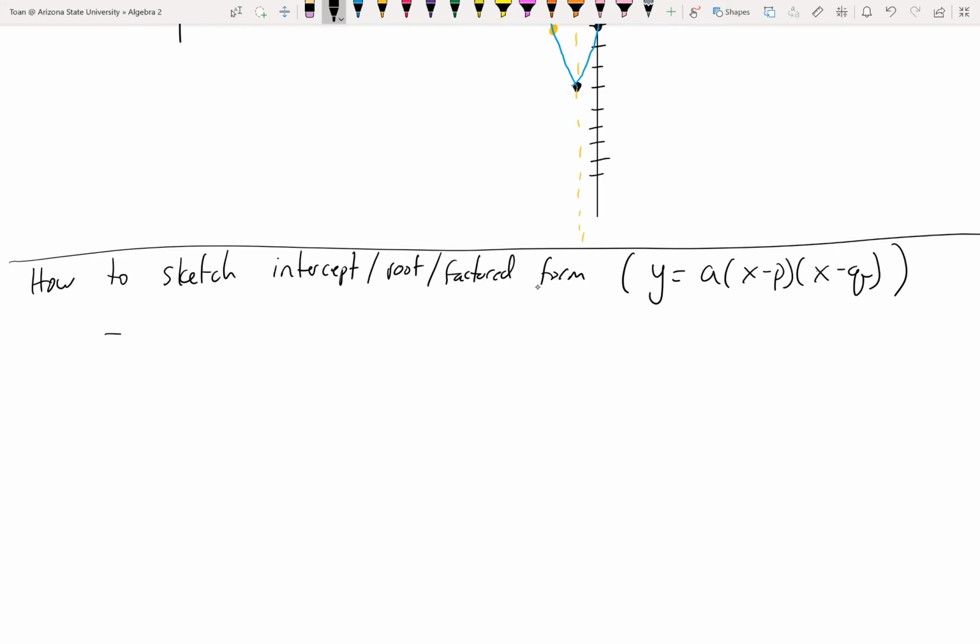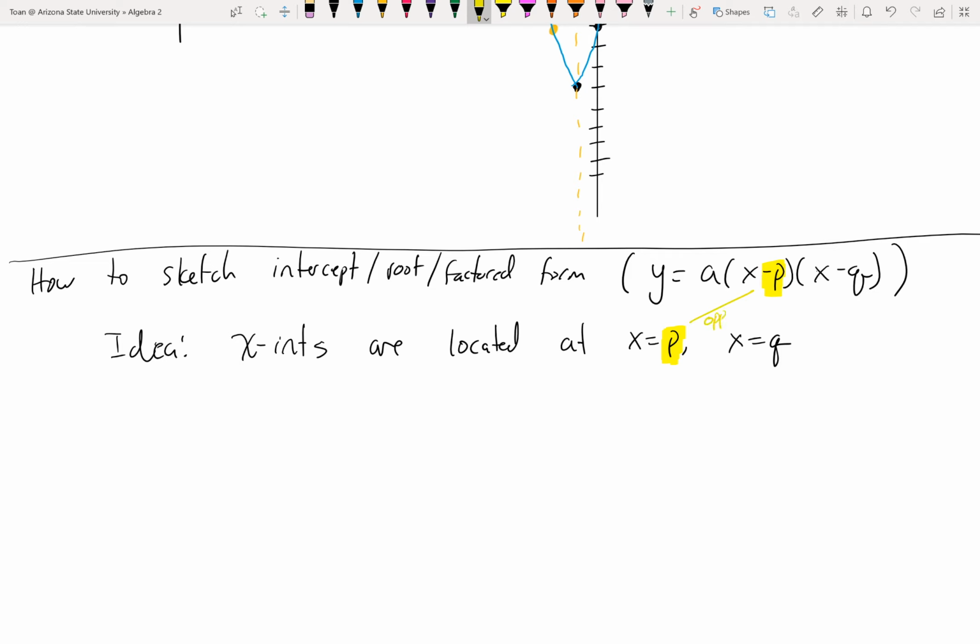So the idea is that your x-intercepts are located at x equals p and x equals q. And just as with the h before, notice this is a regular p and this is a minus p. So they're going to be opposites to each other.